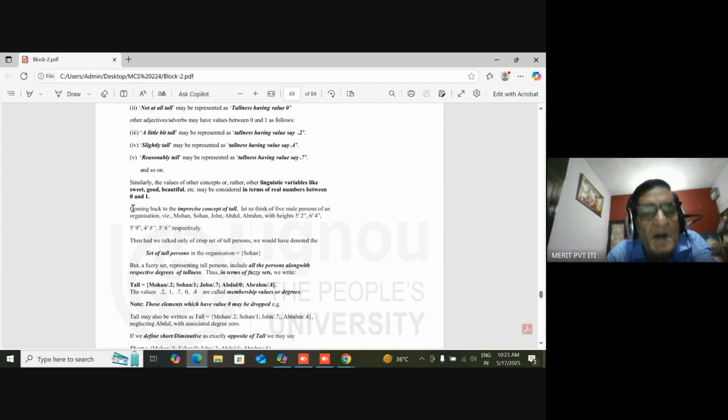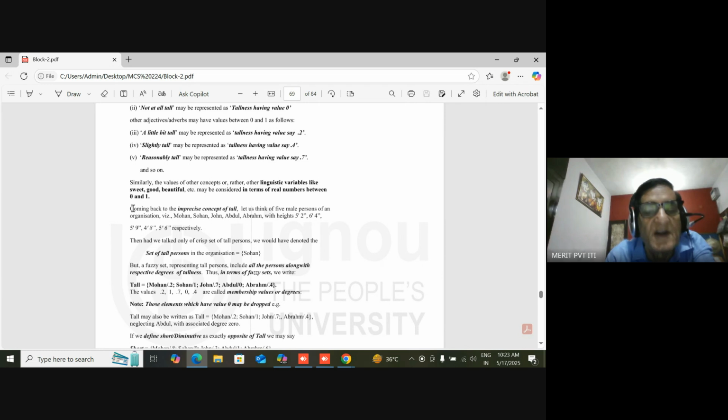But a fuzzy set of tall persons includes all persons along with their respective degree of tallness. Thus, in terms of fuzzy sets, we write Mohan/0.2, Sohan/1, John/0.7, Abdul/0, Abraham/0. So the values 0.2, 1, 0.7 are called membership values or degrees.